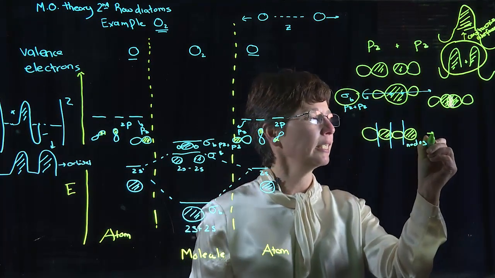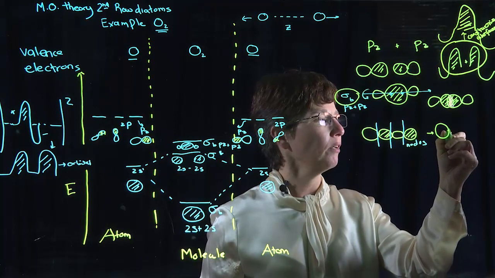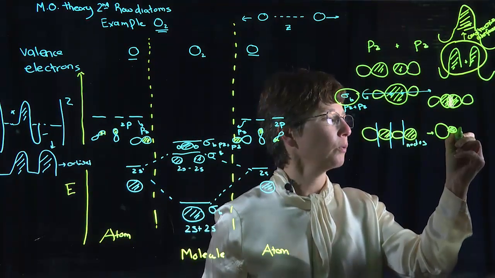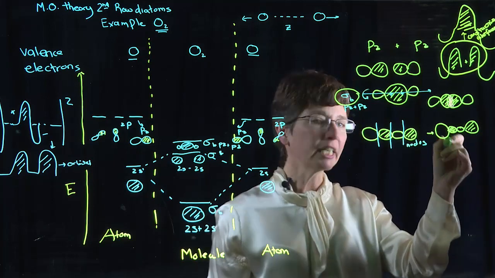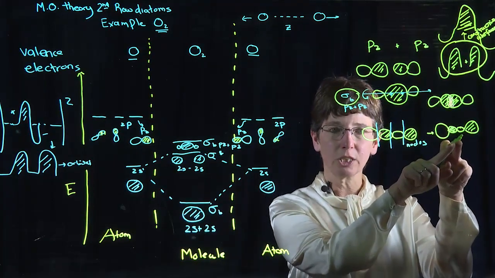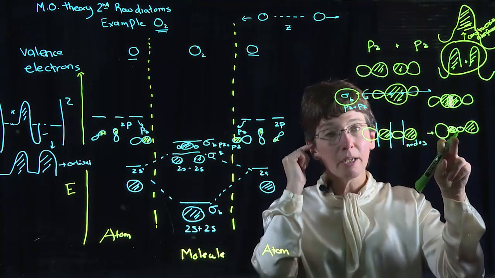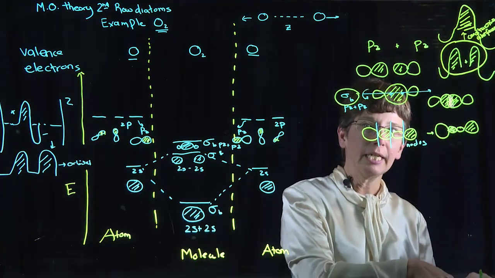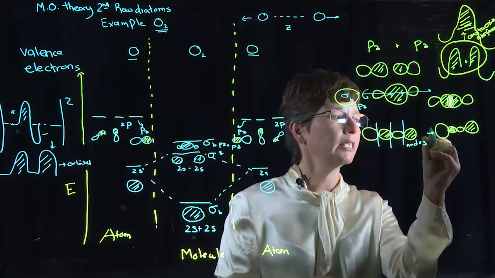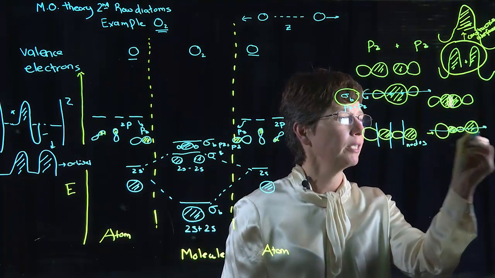And when I add this together, we're going to end up having a lot of electron density in the region away from the nuclei and less electron density in the region between the two nuclei, making this a higher energy molecular orbital. It still, however, has sigma symmetry.